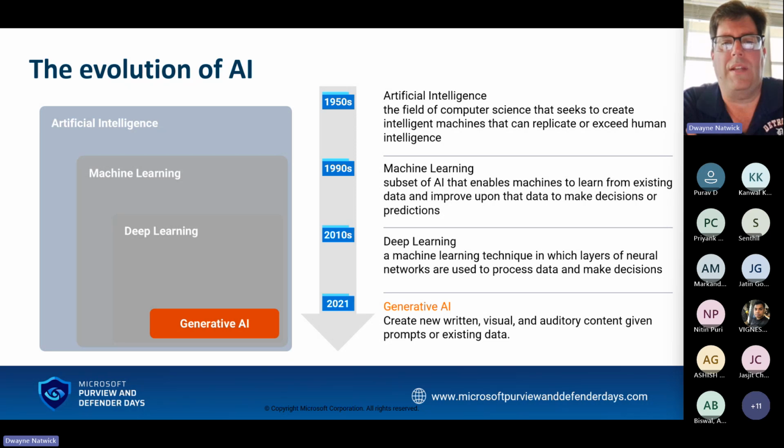That has really taken us to the next step in AI, which is the generative AI aspect, creating new written and visual types of content, and using it for various aspects of life. That's really where we are today. The way I liken it, I'm out of Michigan in the United States, which is considered the automotive capital of the world.